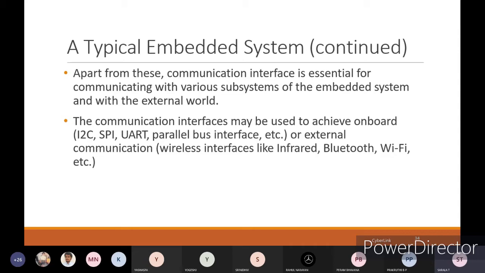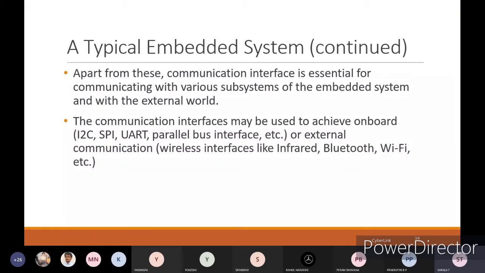If we have all these parts, you need communication from one device to another or one part to another part, so you need interconnection between these internal subsystems also.